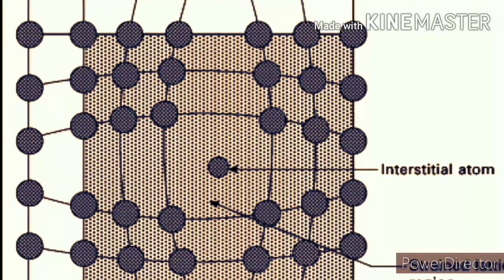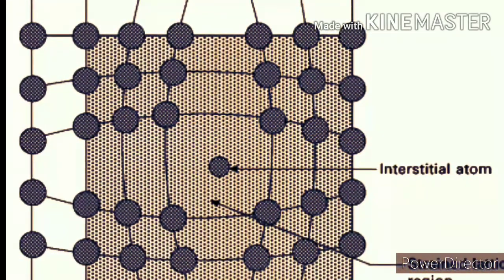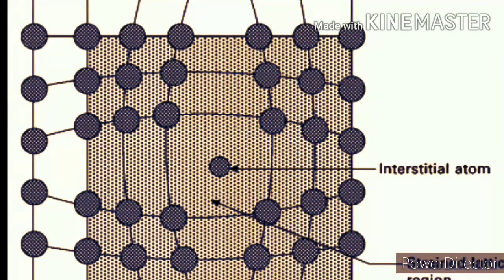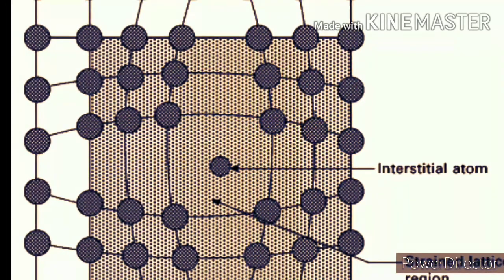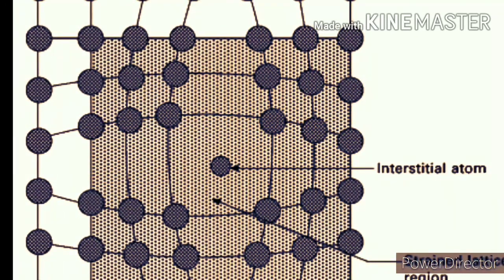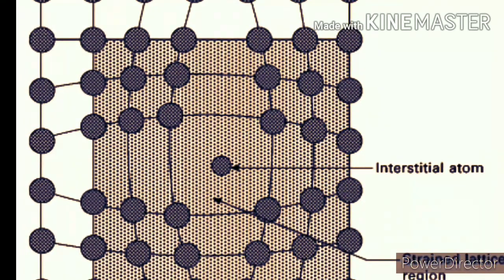Another type of defect found in non-ionic solids is interstitial defect. In this type of defect, the particle occupies the interstitial sites. This results in an increase in the density of a crystalline solid.